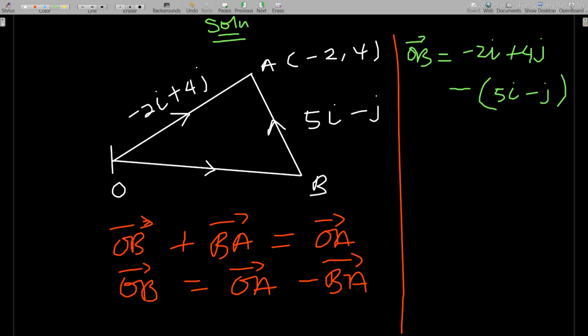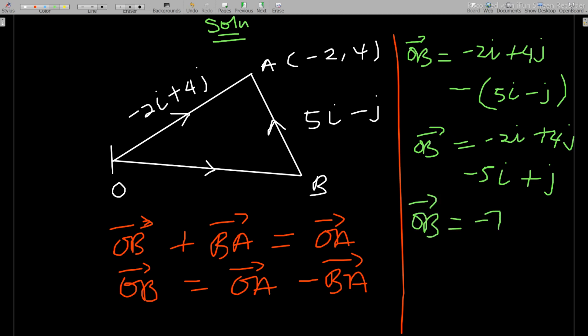So it means that for OB we'll get something like this: minus 2I plus 4J, okay. Let me write it out for you. Plus 4J, then minus 5I plus J, okay. So it means I'll get OB to be equal to minus 7I plus 5J.